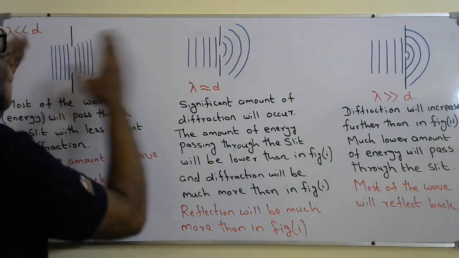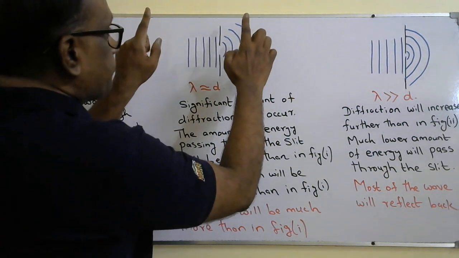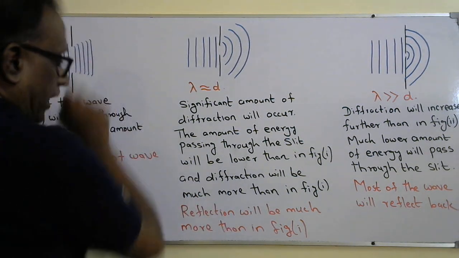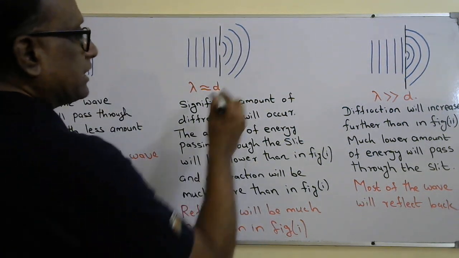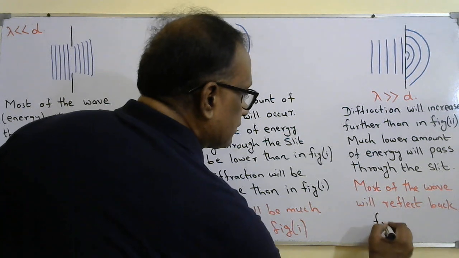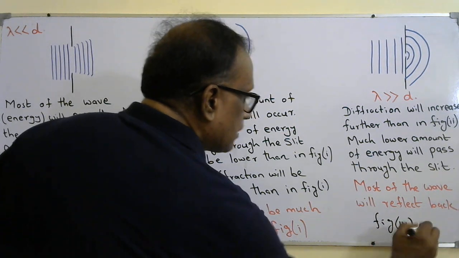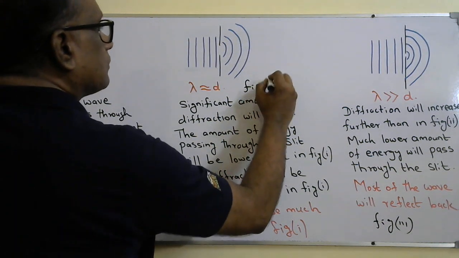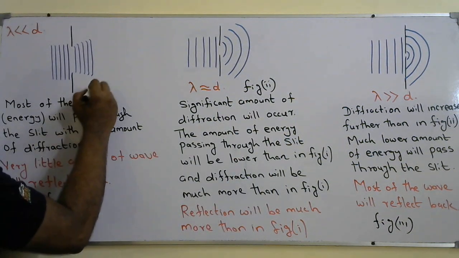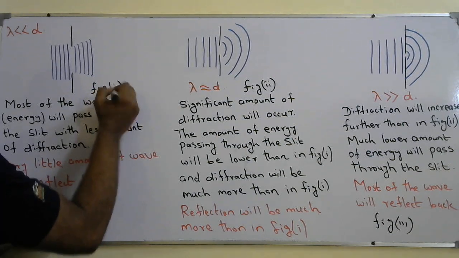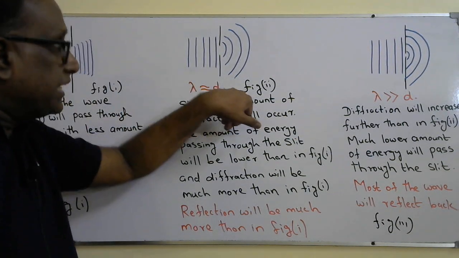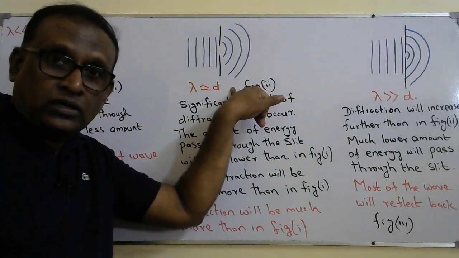But when you compare the amount of energy passing through the slit in figure 2 and figure 1, this is figure 2. This is figure 1 I put here. So compared to figure 1, the diffraction in figure 2 is more.